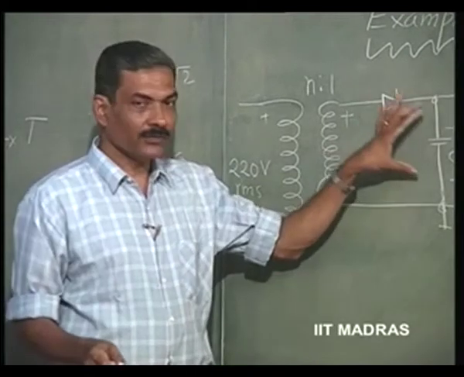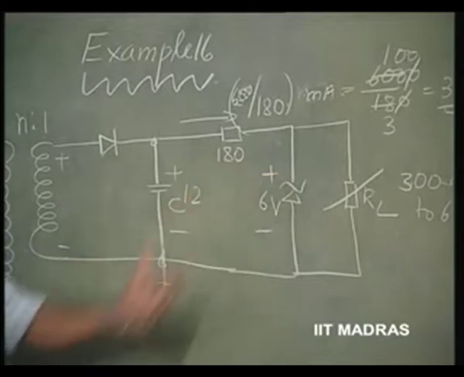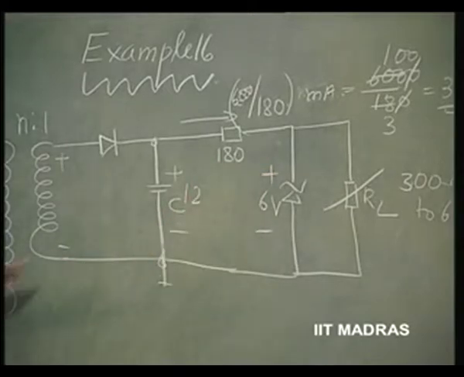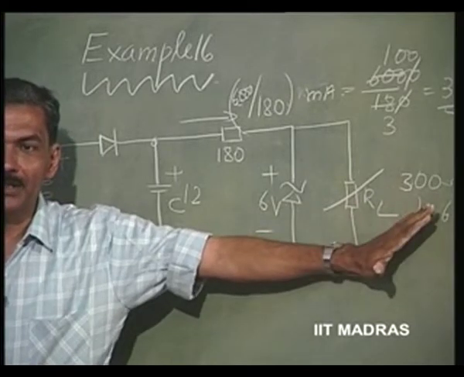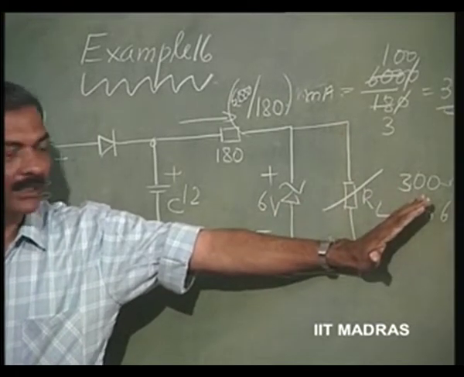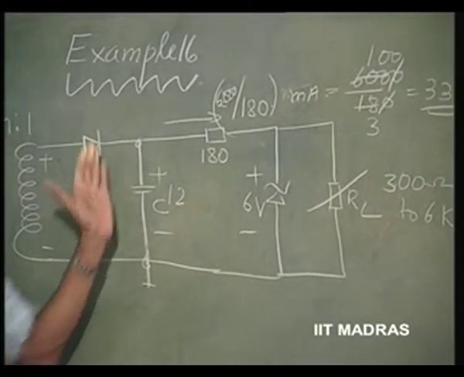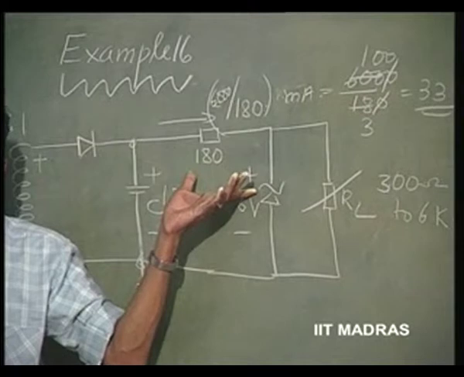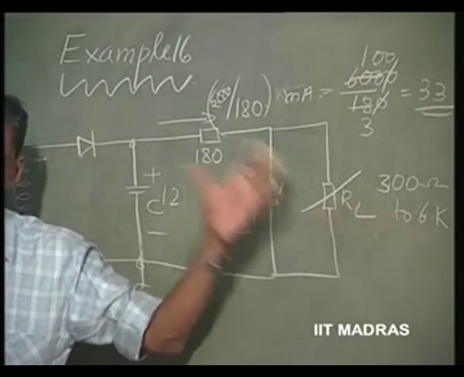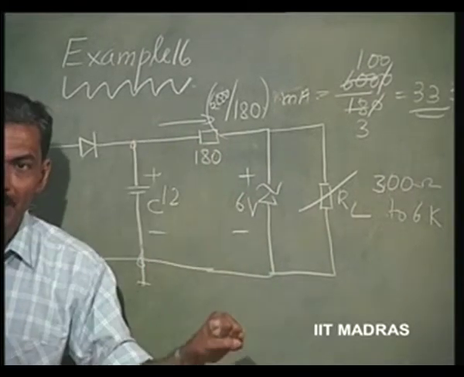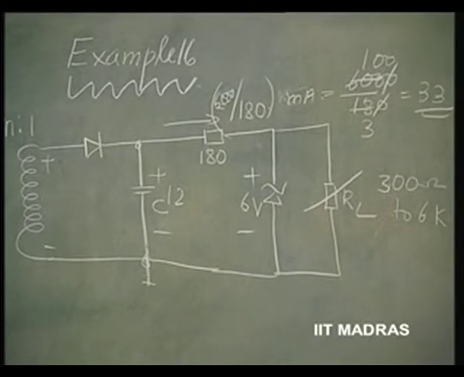Here, this voltage minus the Zener voltage divided by the resistance is what matters, and the actual load variation is of no consequence as far as this design is concerned. From the capacitor, the discharge current is always going to remain constant irrespective of the load resistance. So, this is the point that you have to bear in mind while designing such combination of circuits. Let us complete this.